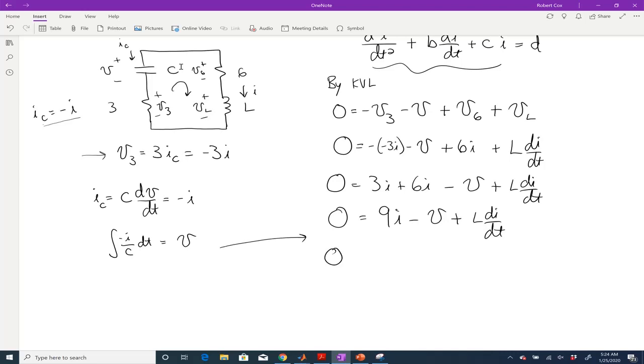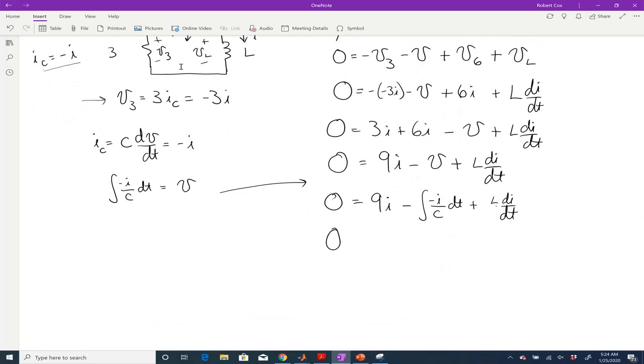I get 0 equals 9I minus the integral of negative I over C dt plus L dI/dt. So the minuses go away and I get 0 equals 9I plus the integral of I over C dt plus L dI/dt. All right, we're almost done.